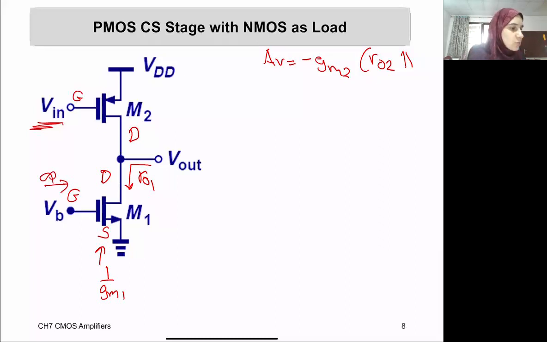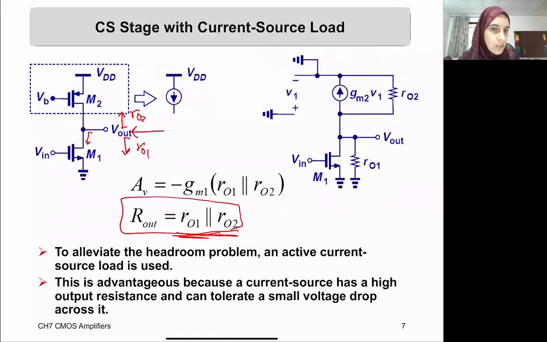Therefore, since we are looking from the drain side, we are going to see an impedance of Rout1. So my gain will be minus gm2 multiplied with Rout2 in parallel with Rout1. It's similar to what we just did here, except that now the input was applied on M1.